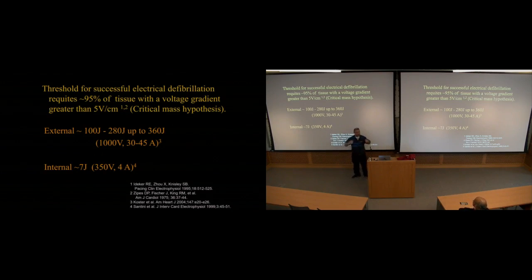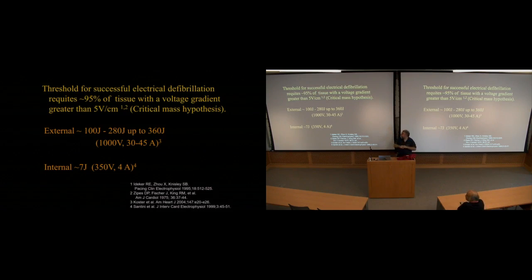So if you have an external defibrillator, with the pads that you put in here and then you shock, you have to go through the whole chest and all the organs. So it requires 100 joules. Internal, you can do in the clinic. You can have catheters inside the heart, or an ICD.